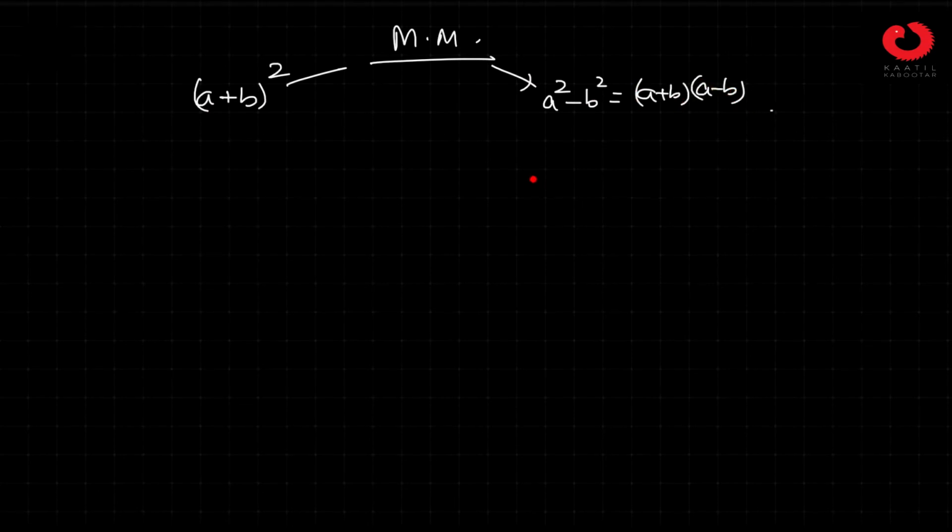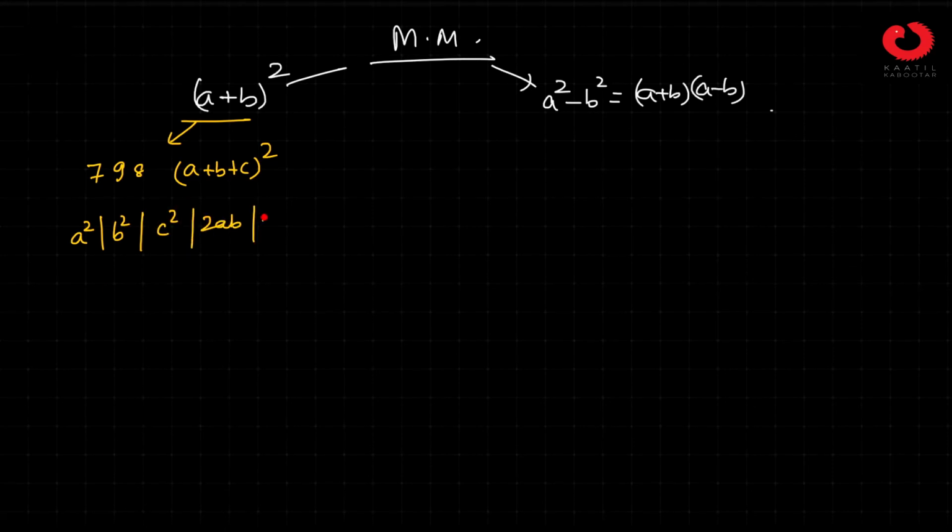Now let me remind you one small thing. Some people might feel that if there is a 3-digit number like 798, can we use the formula of (a plus b plus c) whole square and make the partition like a square, b square, c square, 2ab, 2bc and 2ca?